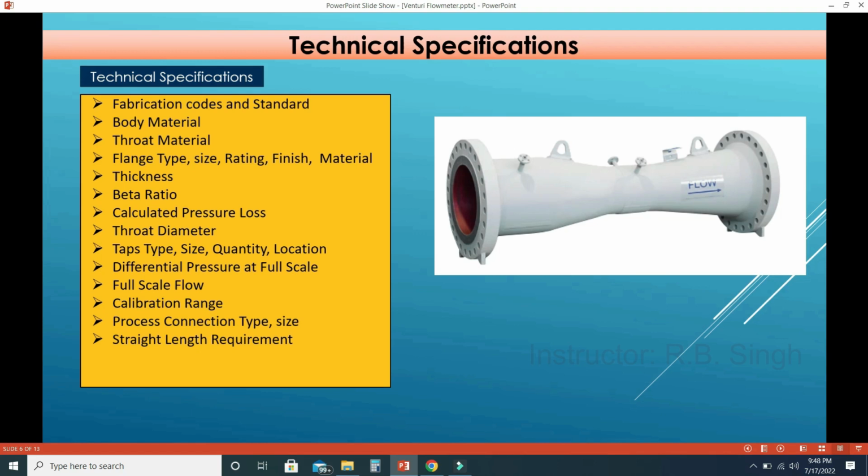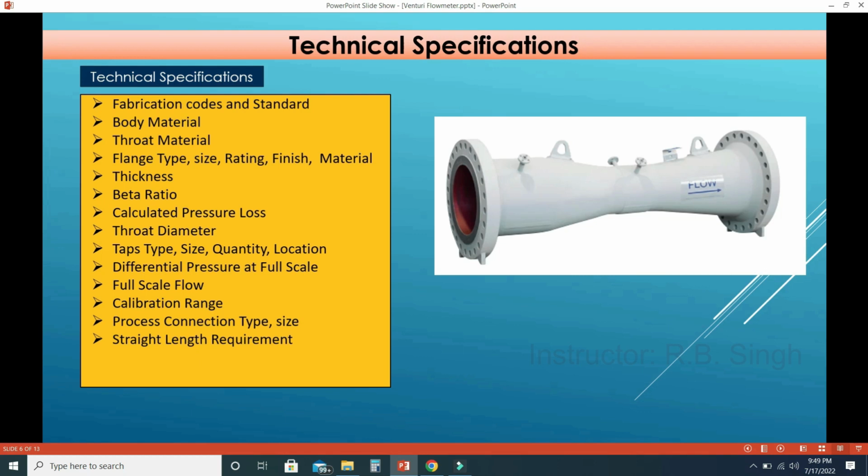So at least one pair of tapping is required for measurement. All the other spare tapping can be plugged, so we require a stainless steel plug also to close the spare tapping.